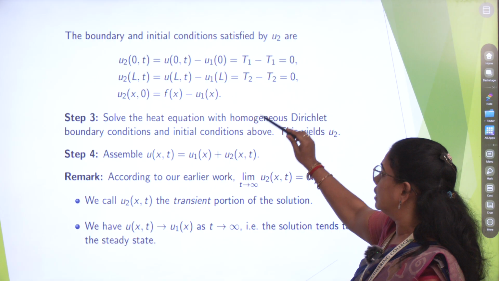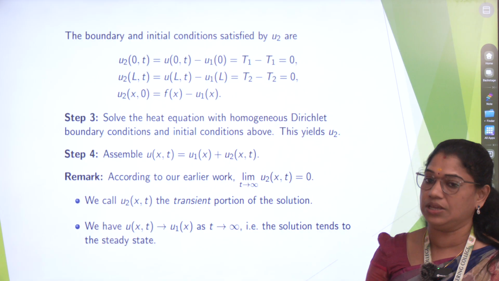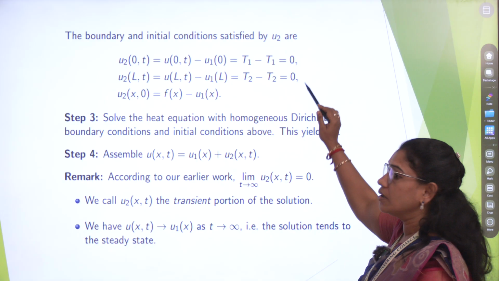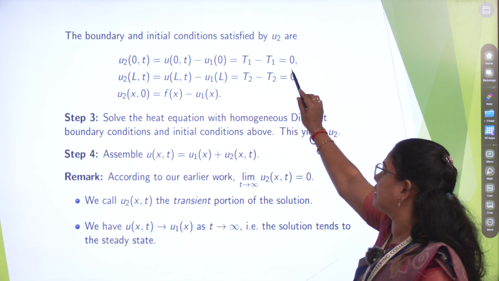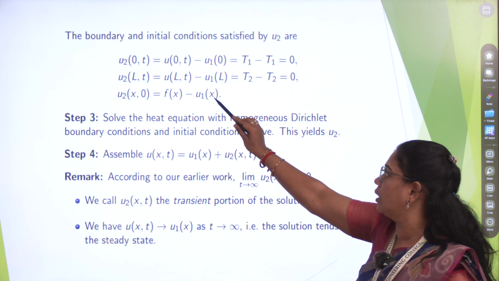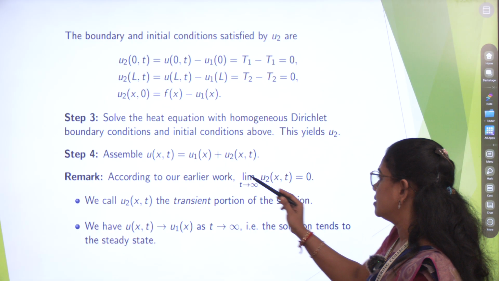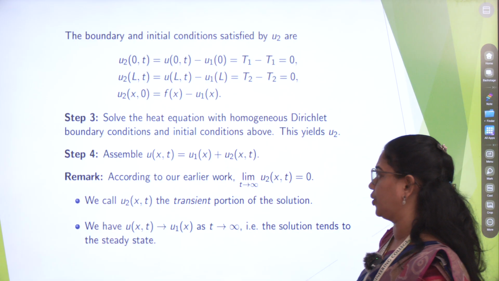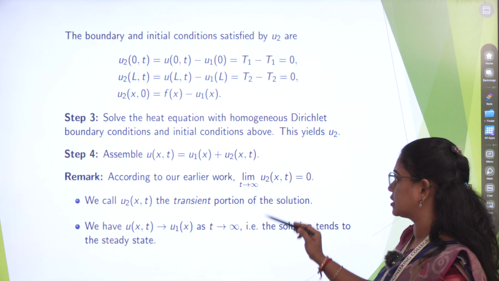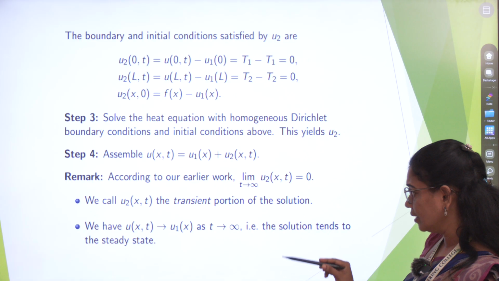These are also homogeneous, since a homogeneous equation is equal to 0, with u2 of 0 comma t and u2 of L comma t. Step 4. Assemble u of x comma t equals u1 of x plus u2 of x comma t.